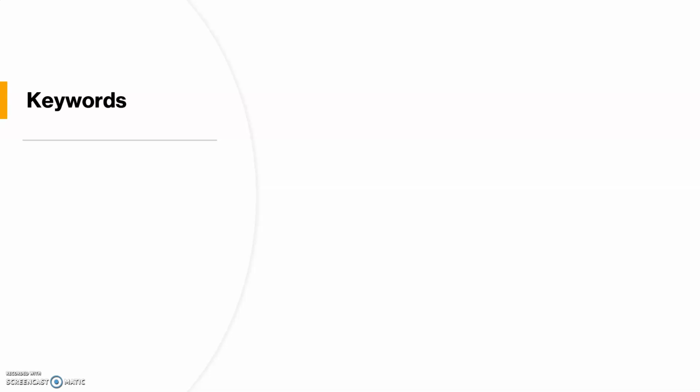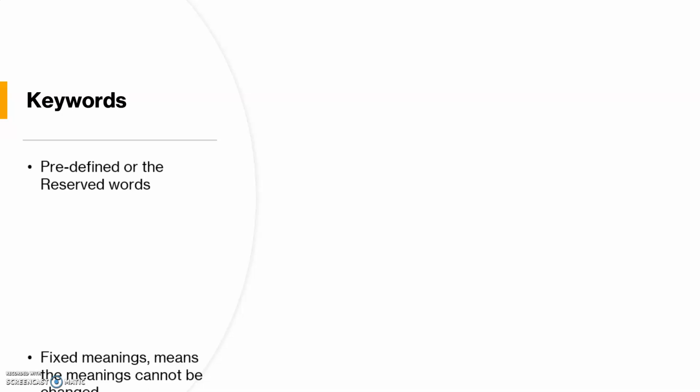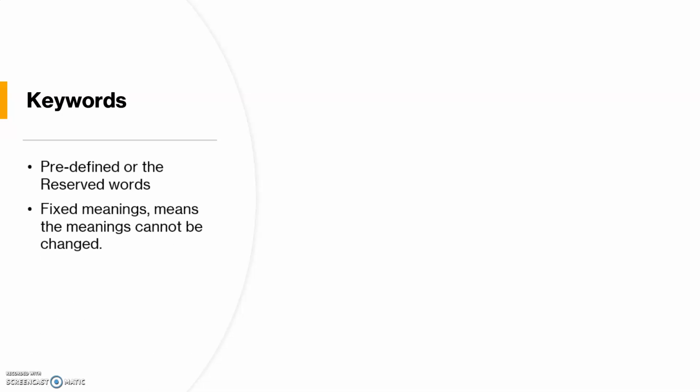As the name itself tells, keywords are also called predefined words or reserved words. Reserved words are words which can't be used by the user for their general uses. The name and the meaning of that word are fixed. We cannot change the meaning of that word, so that's why these are called predefined.